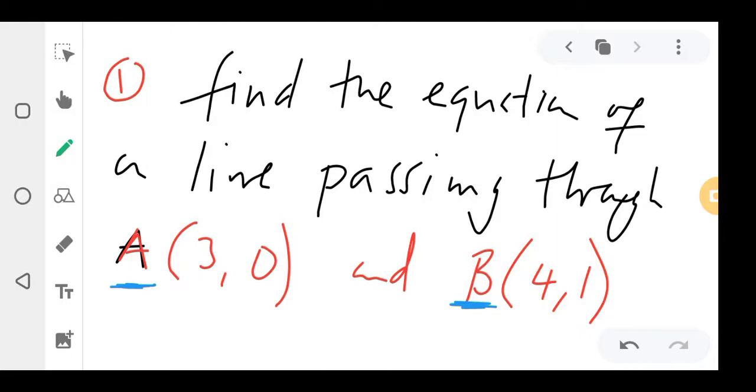So how do you solve? How do you find that equation?